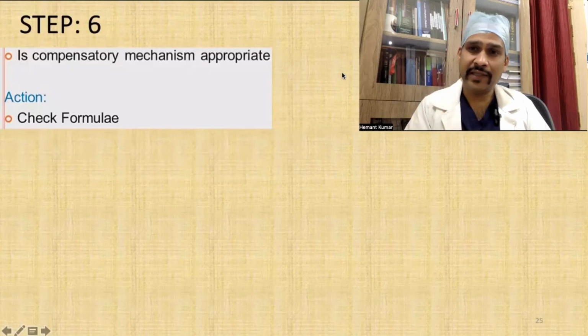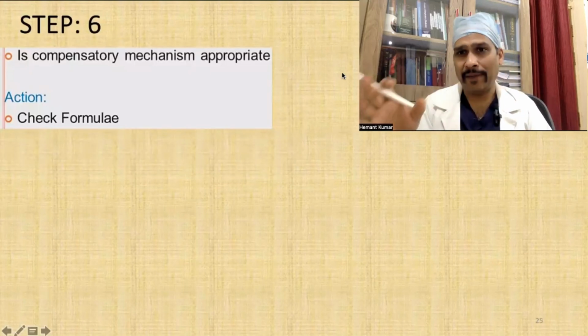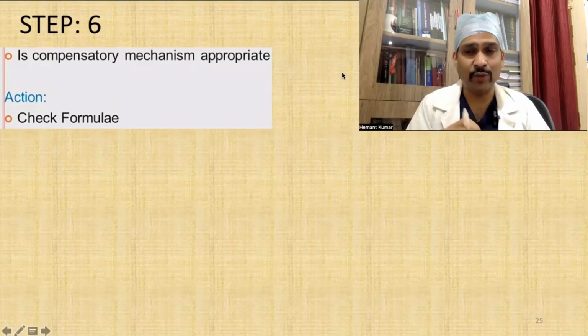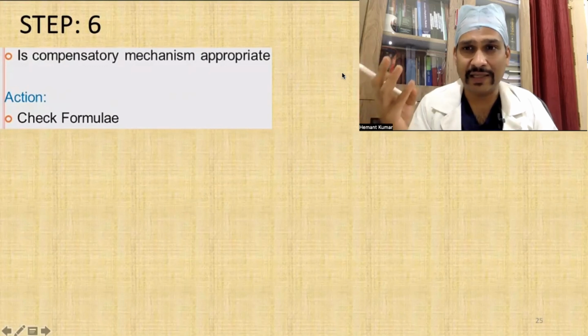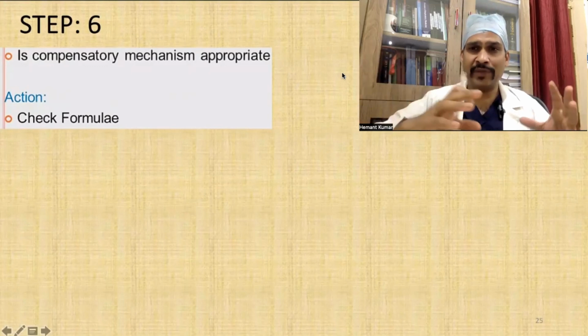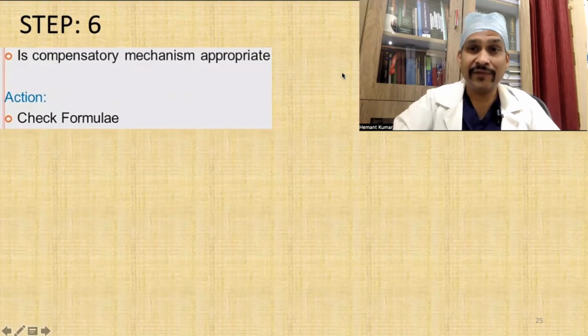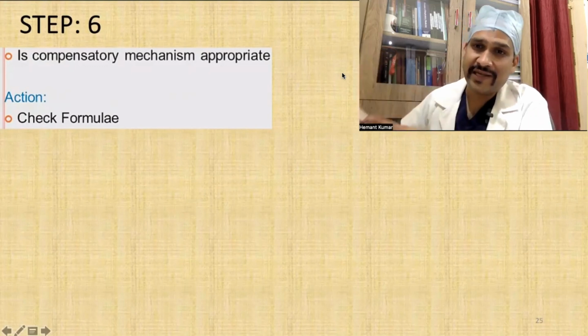And after getting respiratory or metabolic, we have to check for compensation. As I told you in the beginning, there are 3 friends: buffer, kidney, and lung. If there is a problem in respiratory, meaning respiratory acidosis or alkalosis, it will be compensated by the kidney.